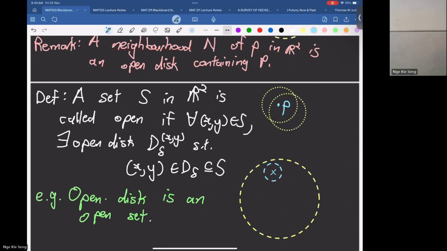Think about it. Maybe you think that close to the middle is easy to find, right? How about some point very close to the boundary? Can you still find an open disk or not?